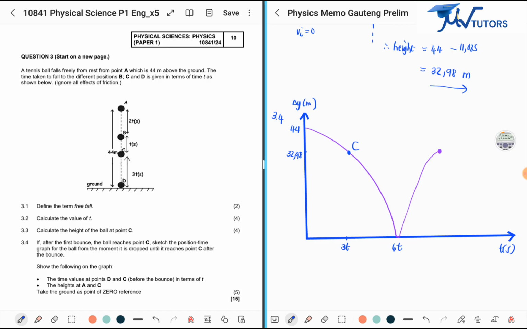We could round it off to 33. All right, what else do they want? The time values at point D, so yes, that's where D is. And C, yes, that's where C is. We have our 3t there in terms of t, and then the heights at A and C. So that's where A is, and then C. And that's it. That is the 5 marks that they want. And with that, we are done with question 3.